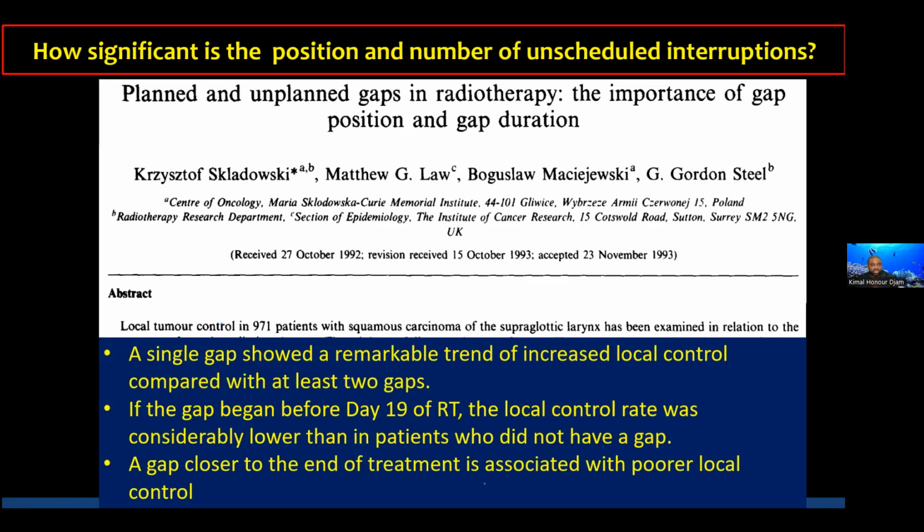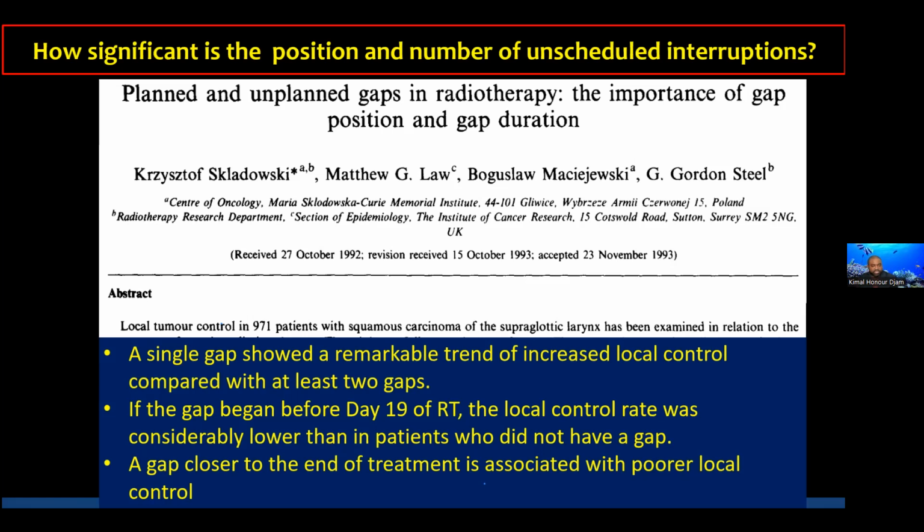And so the local control in patients whose gaps began at the 20 to 29 was really indistinguishable from that in patients that had no gap. Now, the study profoundly documented that a gap further towards the end of treatment was also associated with a severe drop in local control that was seen.